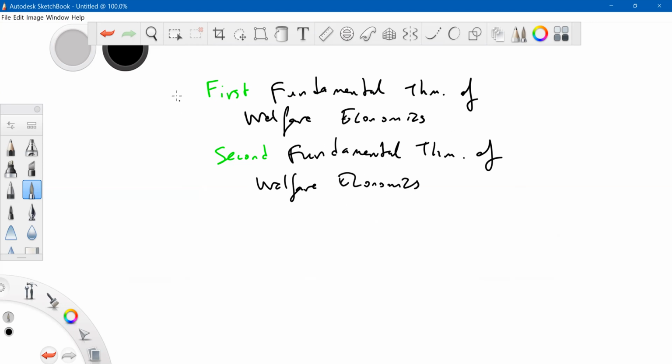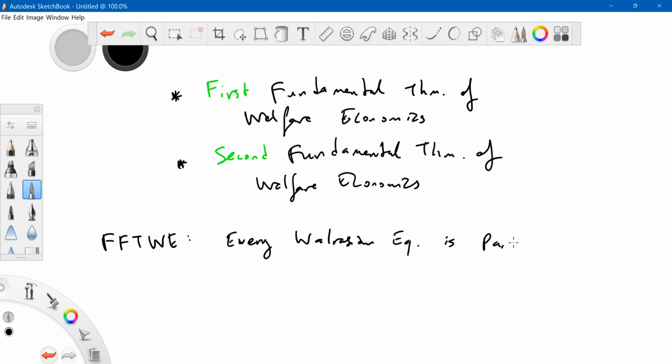Okay. Now, very simply, we have this, the first fundamental theorem of welfare economics. Every Walrasian equilibrium is Pareto efficient.